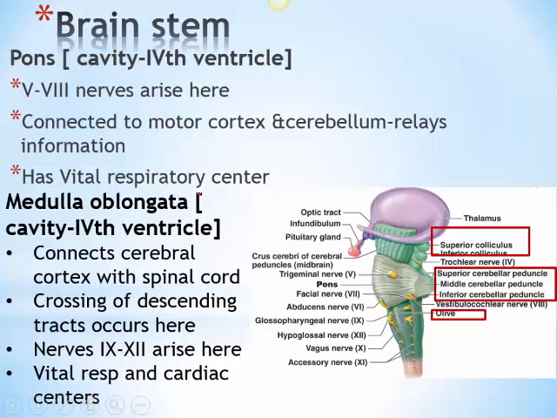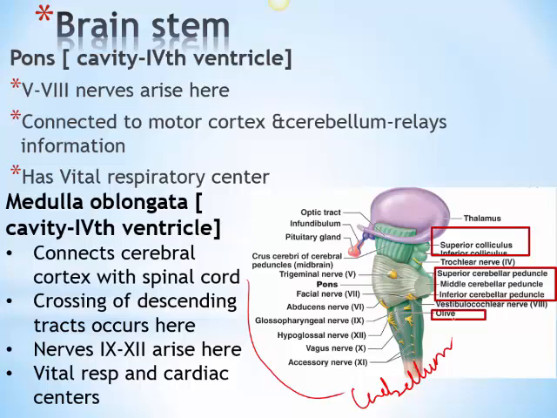When we look at the medulla, its cavity is the 4th ventricle, just like the pons. And this one connects the cerebral cortex with the spinal cord and also connects the fibers from the spinal cord to the cerebellum. So it connects the spinal cord to the cerebellum through the inferior cerebellar peduncle.